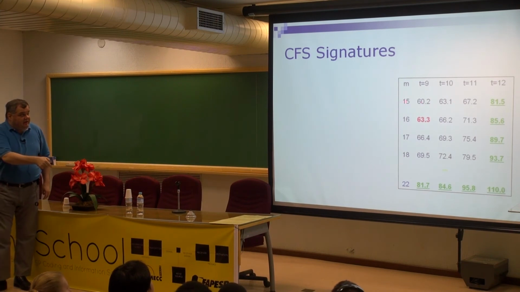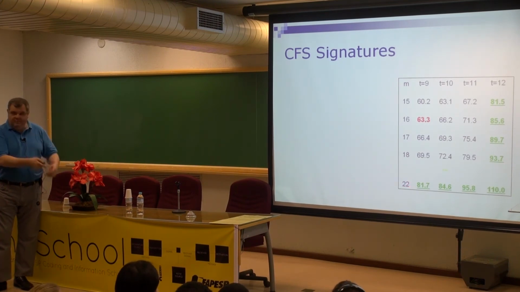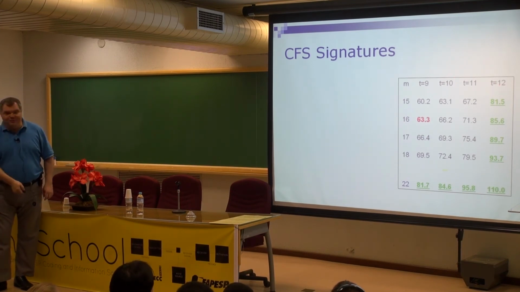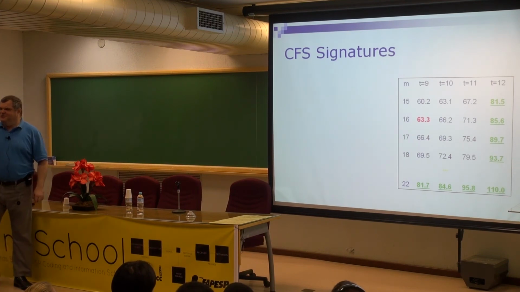So here the code length is 32,000, more or less, and here it will be about 4 million bits. This is the number of errors. I don't advise you to take anything larger than 12, because 12 factorial is already enormous. It's 2 to the 44 or so.